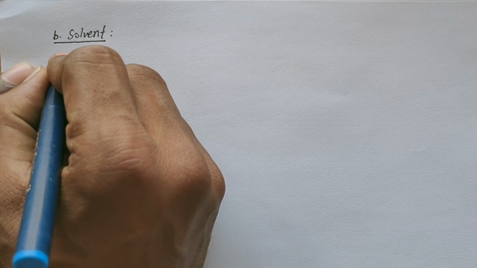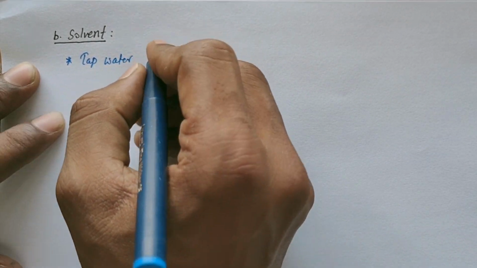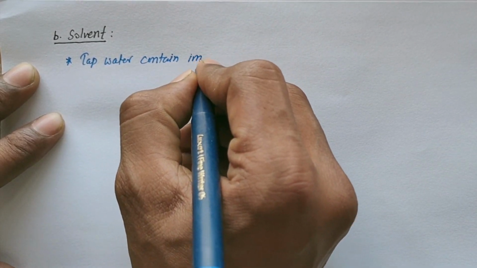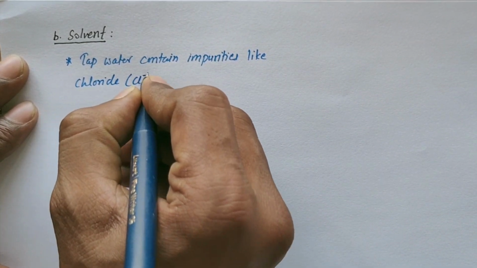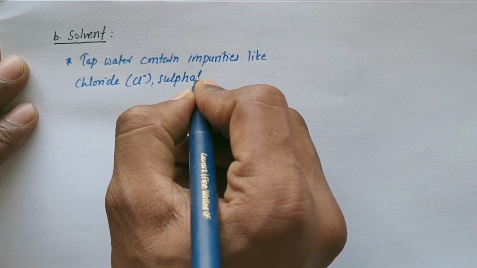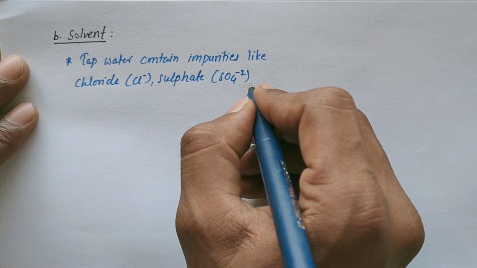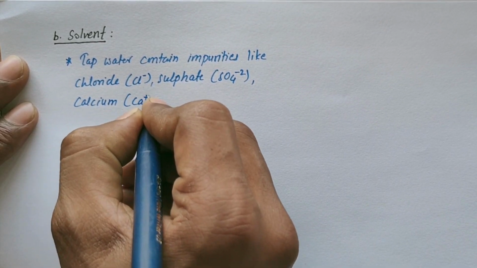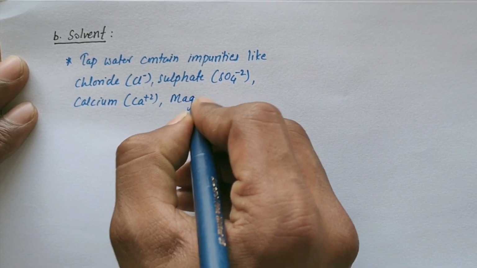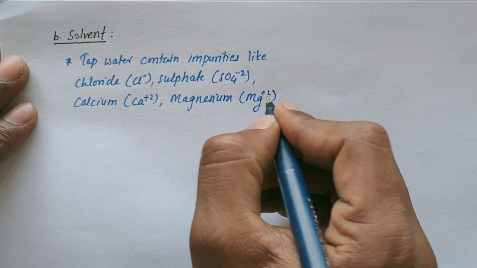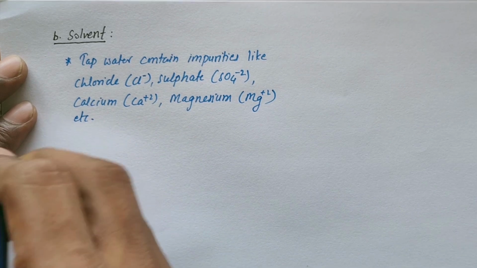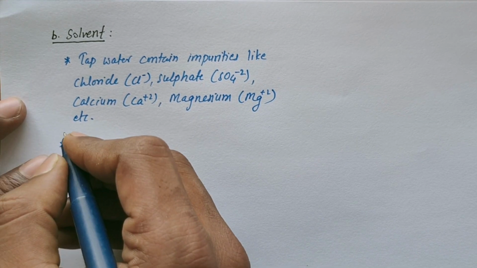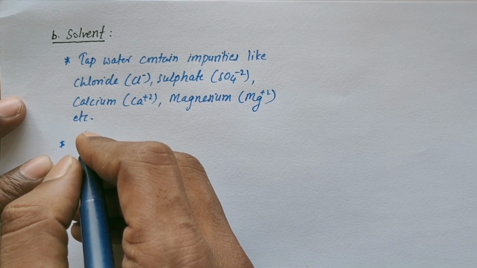As for example, tap water contains impurities like chloride, sulfate, SO4 2-, calcium, Ca 2+, magnesium, etc. Water is a universal solvent which is widely used in pharmaceutical preparations, so we should use pure water.